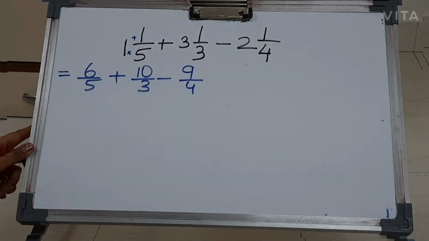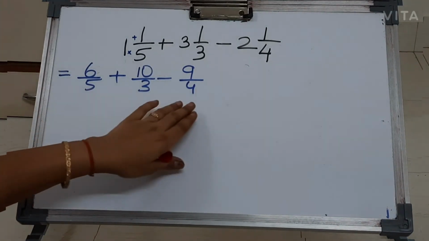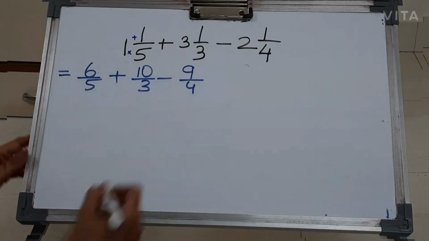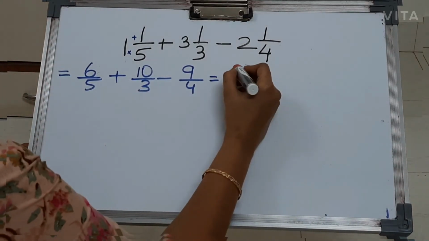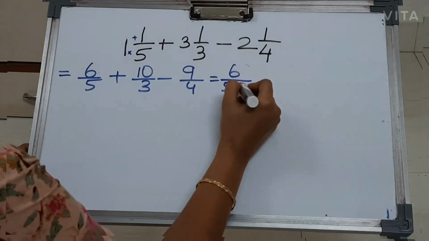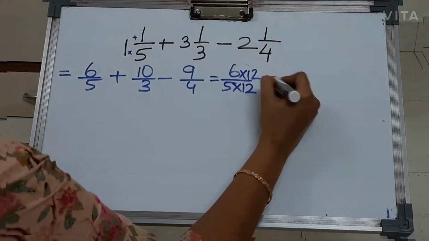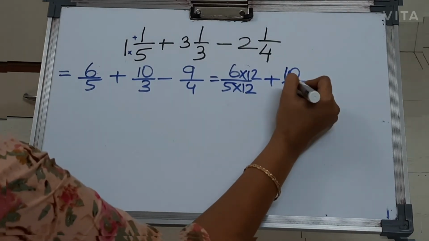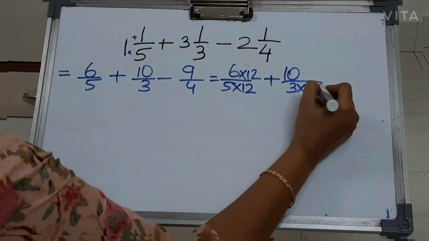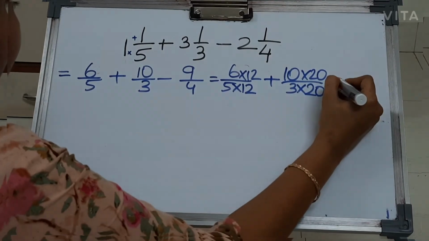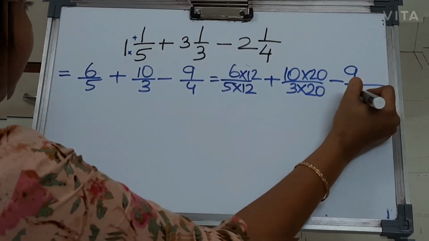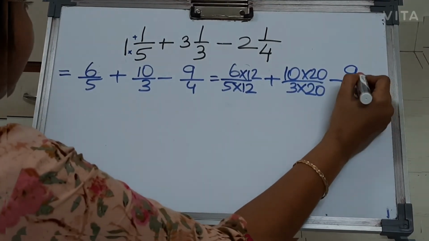Now what do we have to do again? Make the denominator the same. LCM is 60. So again we will make the denominator the same. 6 by 5 multiplied by 12 plus 10 by 3 into 20 minus 9 by 4 multiplied by 15.